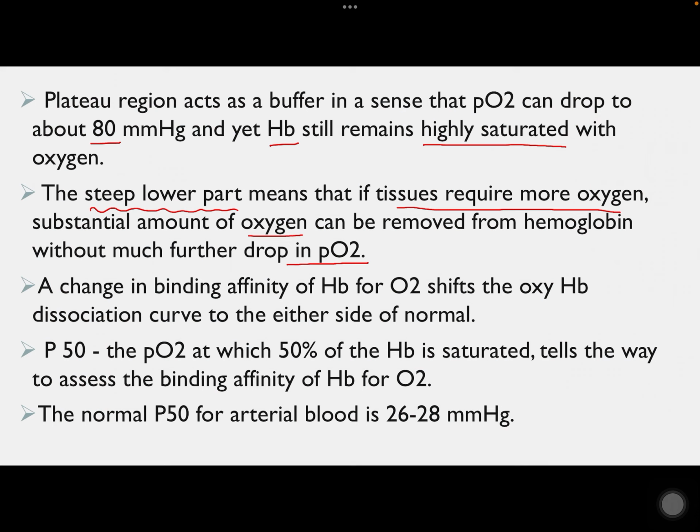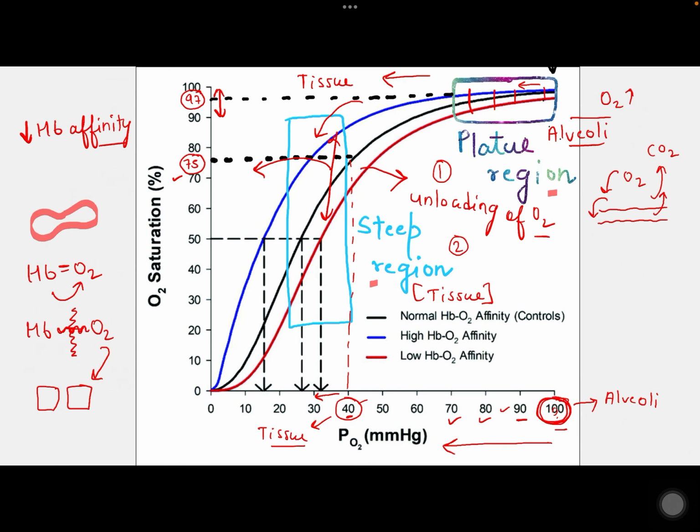So what they are saying is that if tissue requires more oxygen, a substantial amount of oxygen can be removed from the hemoglobin without much further drop in PO2. So here we can see the saturation is dropping over here. For example, from 80 to 50, right? You can see the saturation drop is there, but only between 30 to 40, right? So partial pressure of oxygen is not fluctuating much, but the saturation drop is there further, right?